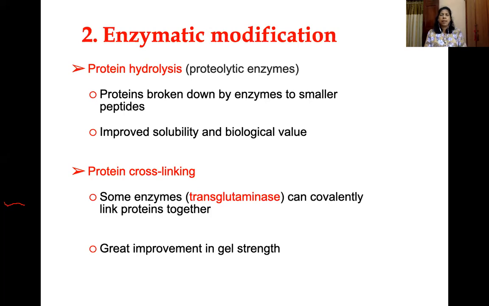That enzyme can link proteins together, and finally you end up with a very nice texture, a rubbery nature, meaning once you press it, it comes back very quickly. This nature can be obtained by using the transglutaminase enzyme, especially improving the gel strength. Therefore, enzymatic modification is really important in the case of protein modification.